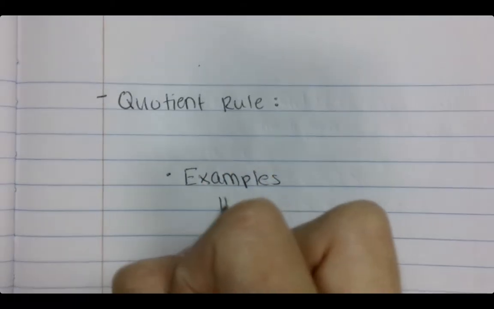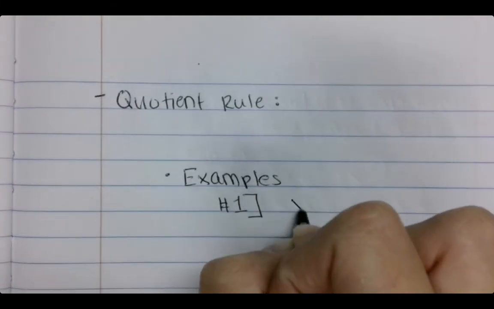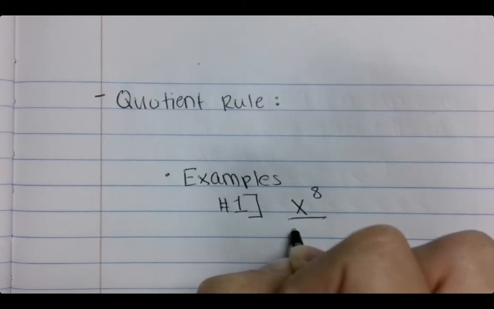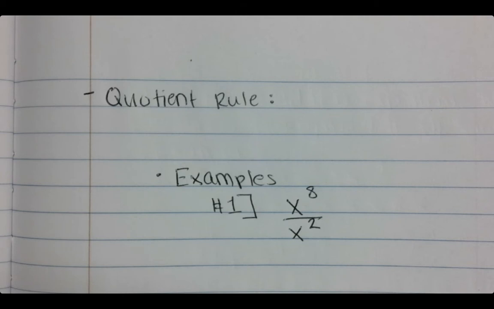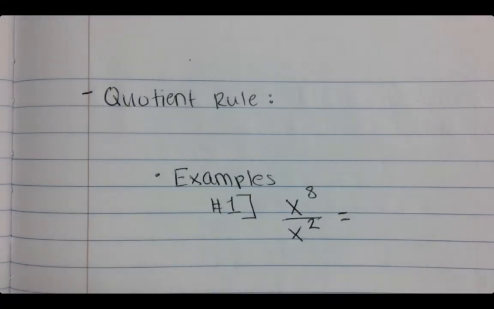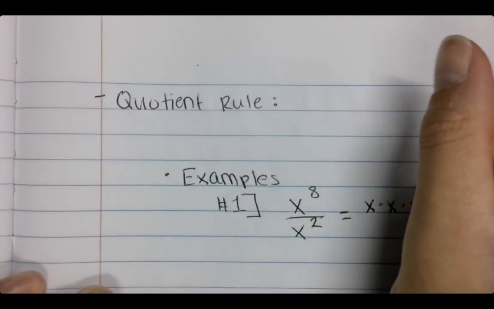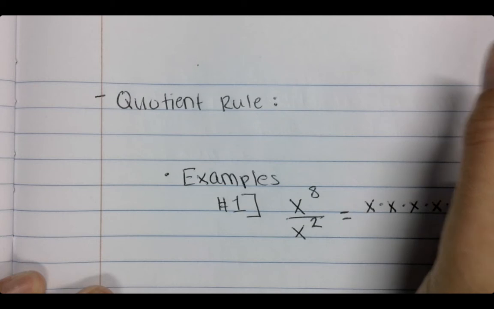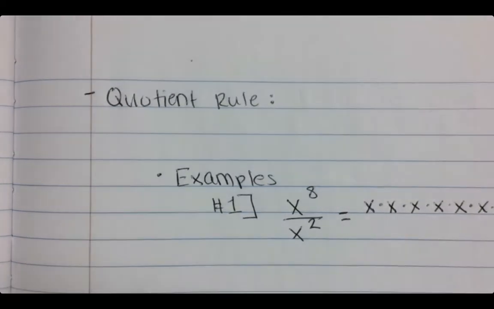All right. So example number 1 is x to the 8th over x squared. So remember how before we kind of expanded it out? Let's do the same thing here. I'm going to write my x's 8 times: 1, 2, 3, 4, 5, 6, 7, and 8.